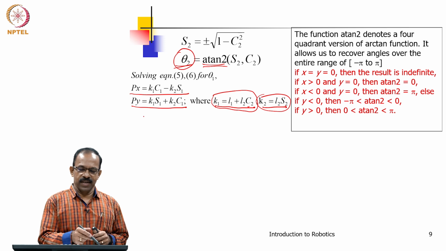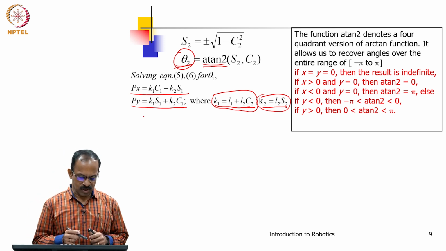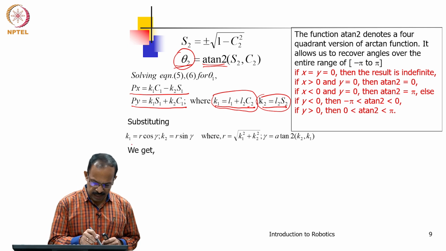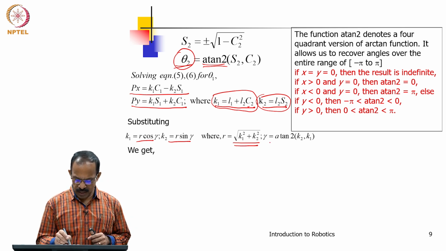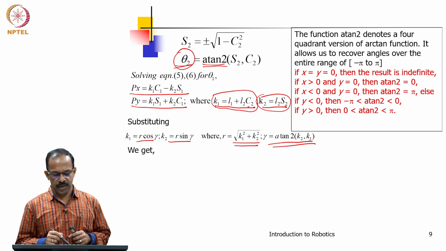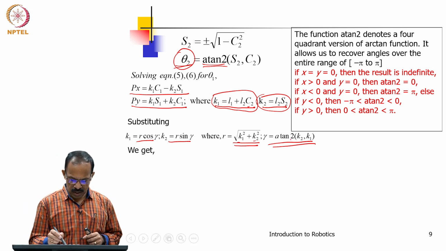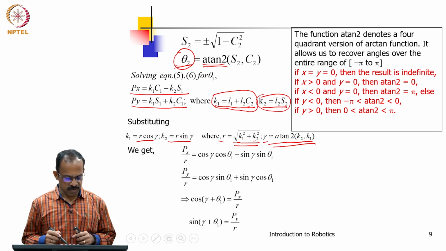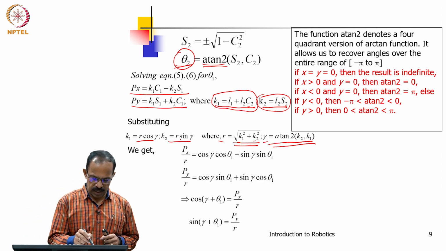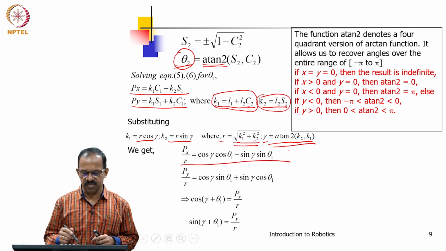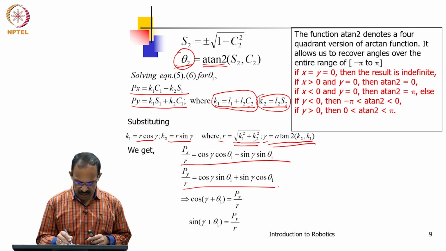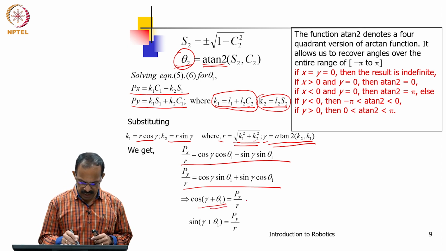Now, we cannot directly solve this, we need to do one more substitution. We write K1 as R cos gamma and K2 as R sin gamma, where R is the square root of K1 square plus K2 square and gamma is A tan 2 K2 K1. Again, since K1 and K2 are known, we will be able to get R and gamma. Now, Px by R is equal to cos gamma cos theta 1 minus sin gamma sin theta 1, and Py by R is similar, and therefore cos of gamma plus theta 1 can be obtained.